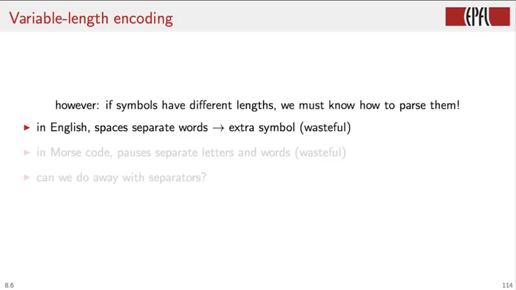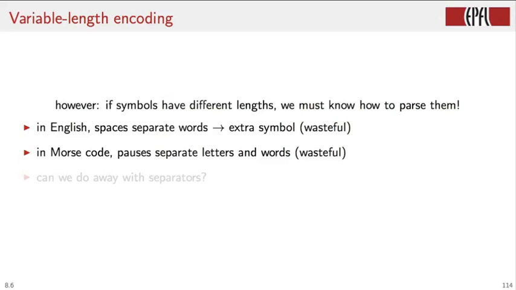Now, if we start to use a variable number of bits to encode a symbol, we need to know how to parse the resultant bit stream to separate the different words. Each symbol will be a binary word from now on. So in English, for instance, we have spaces that separate words, although we incur some waste because we need to define an extra symbol to specify the boundaries between words.